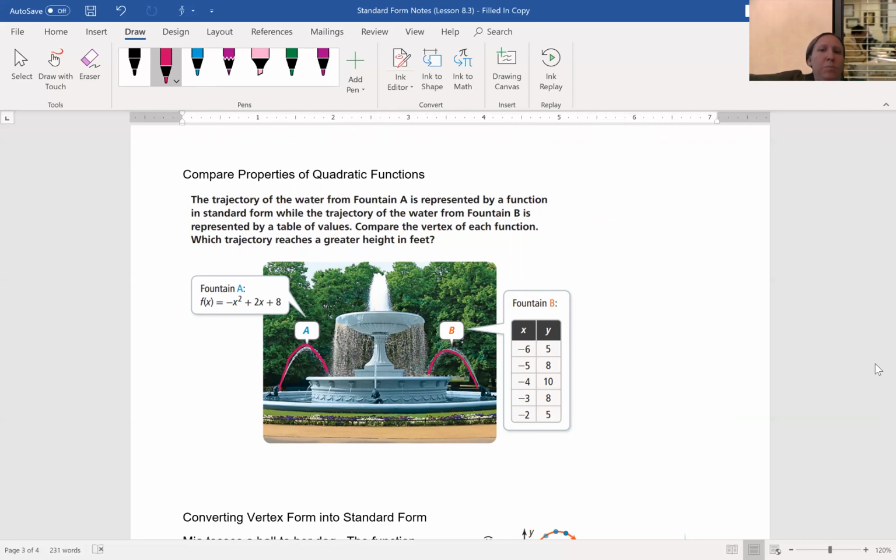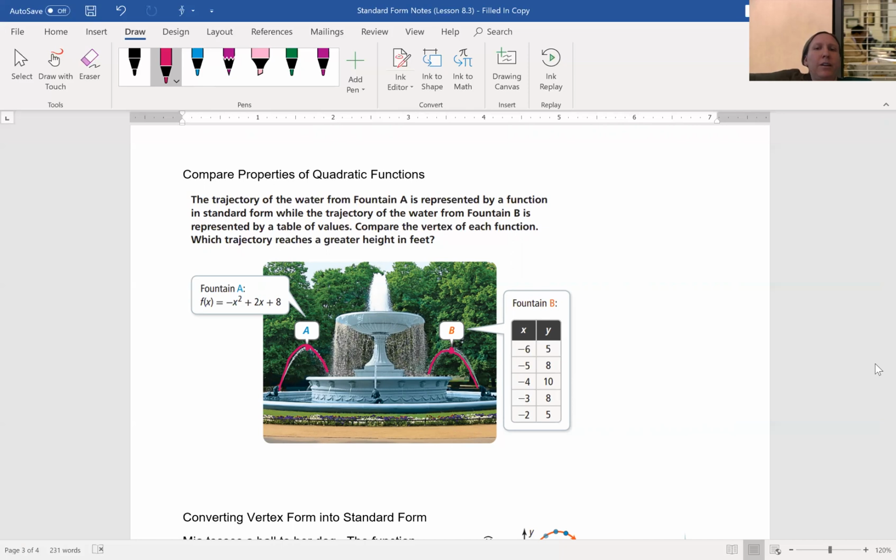Okay, so these parabolas are opening downwards, which means we are going to be looking at the vertex of each of those. And that y value of that vertex is going to be the greatest height of that fountain, that maximum value. So I'm going to start with fountain B because to me that one's a little bit easier. So at -6 it's 5, at -5 it's 8, at -4 it's 10, but then at -3 it jumps back down to 8 and then 5.